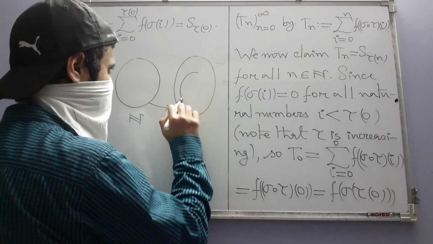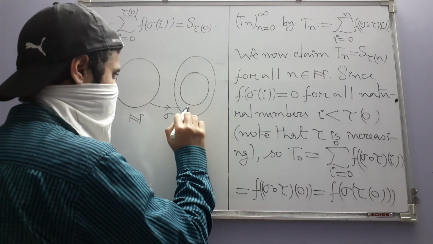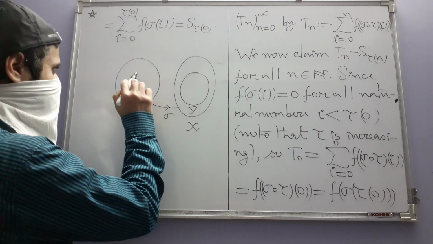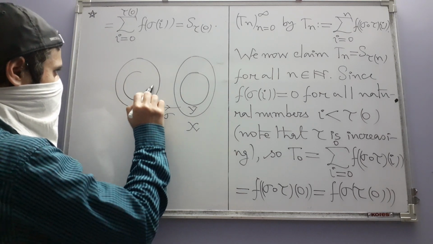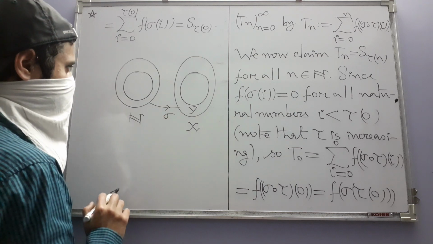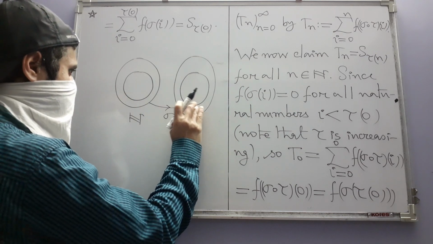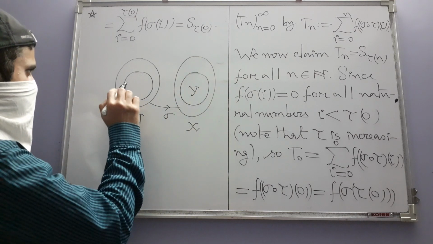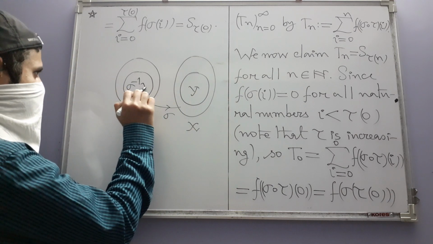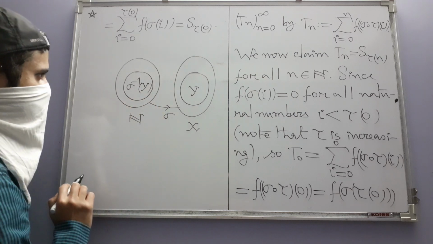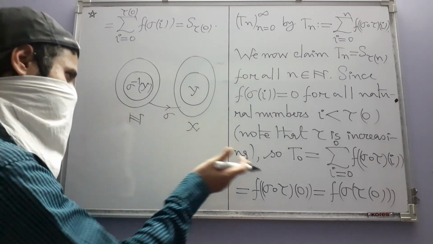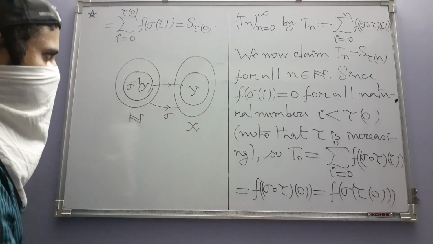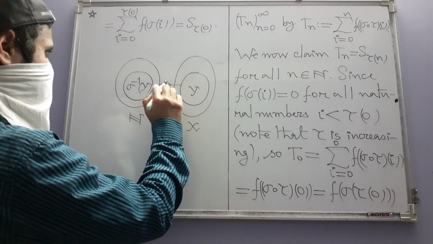We have the subset y of x, and we made y correspond with, I can write y here also, sigma inverse of y in a natural way using sigma itself, and this correspondence is also 1 to 1 and onto, that is, it's also a bijection.